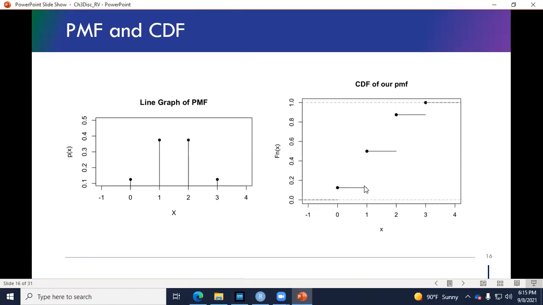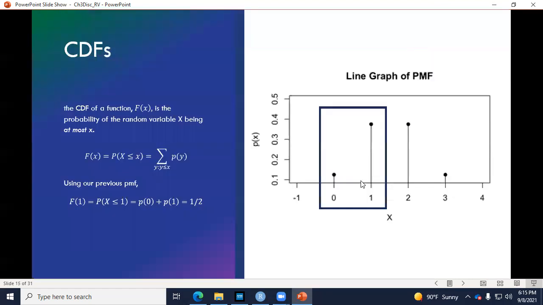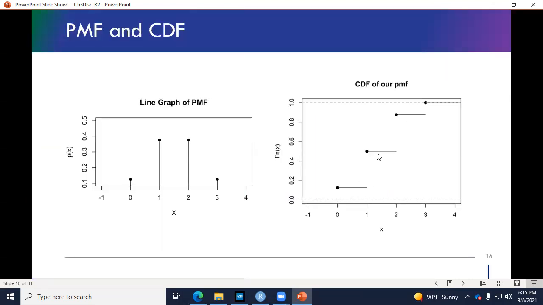This is the CDF, capital F, for x less or equal to 0, less or equal to 1, 2, and 3.